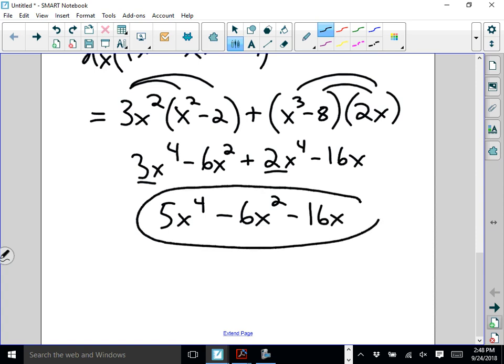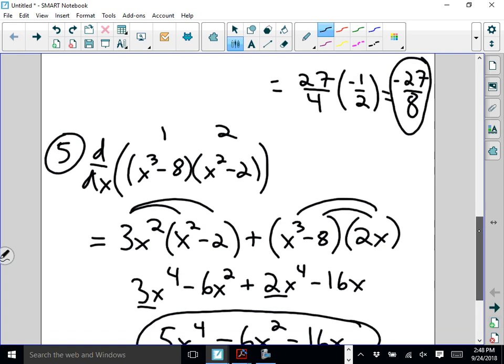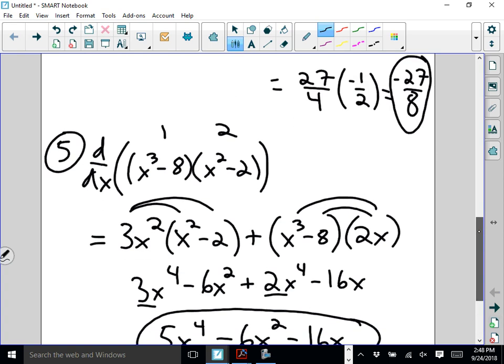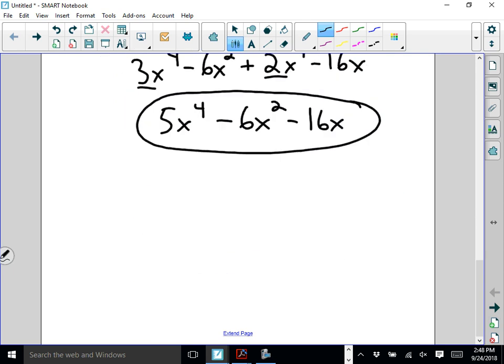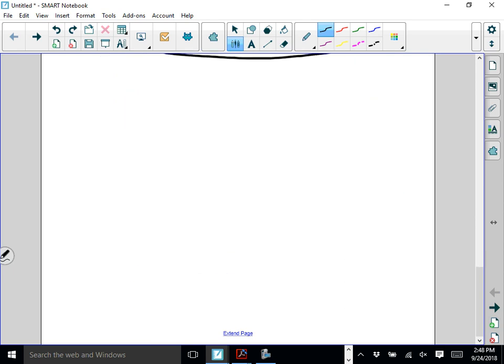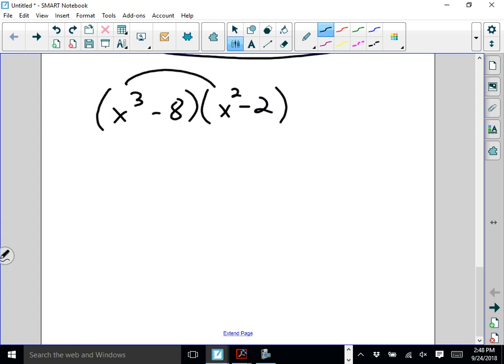The other way I could do this problem is I could have just FOILed right at the beginning. Let's see if I get the same answer using the power rule. If I FOIL this thing at the beginning, I get x to the 5th minus 2x cubed minus 8x squared plus 16.